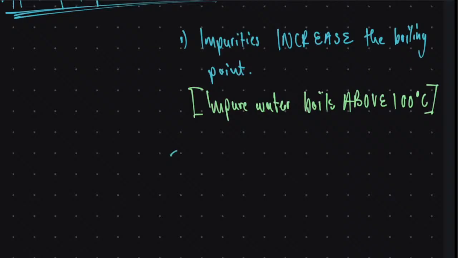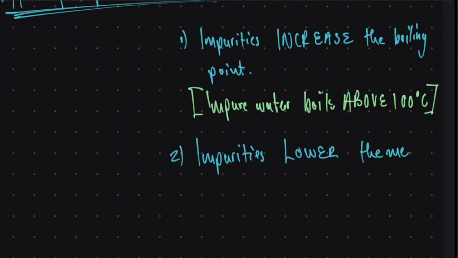Impurities, on the other hand, lower the melting point. Impurities lower the melting point. So therefore, what do we know?